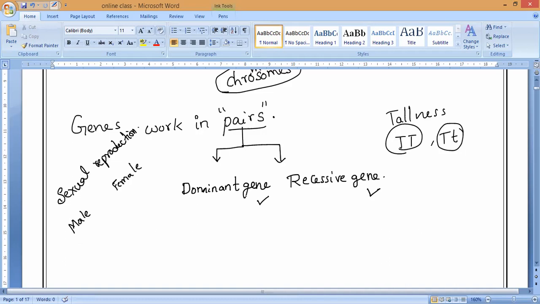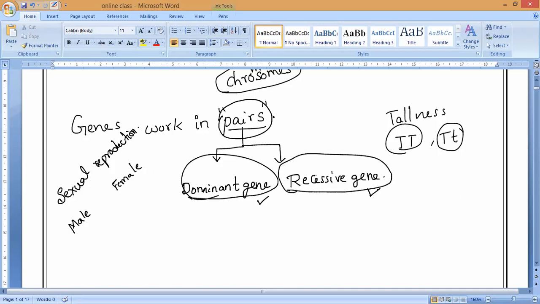Each parent possesses a pair of genes for each characteristic and a pair of chromosomes. But each parent passes only one of the two genes of the pair for each characteristic. So one gene is coming from one parent and another gene is coming from the other parent.